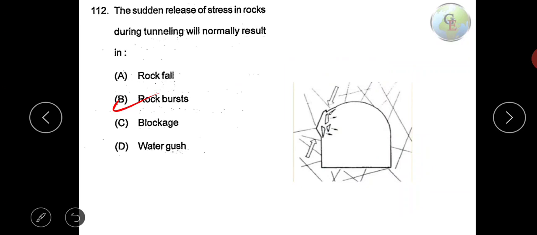Rock burst is the violent failure of small pieces of rock from the boundary of the excavation, also known as strain burst. Blockage is the blockage of the tunnel way, and when the tunnel crosses the groundwater, the water rushes into the tunnel, that will be water rush. Here the answer will be rock burst.